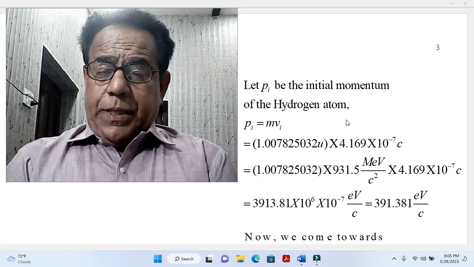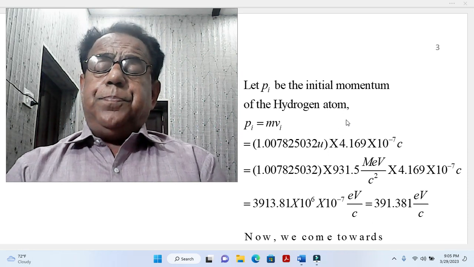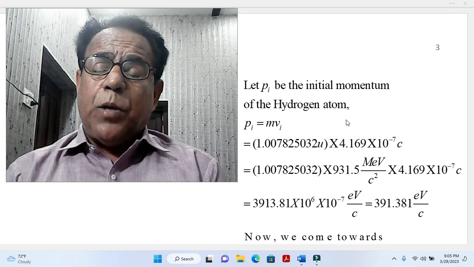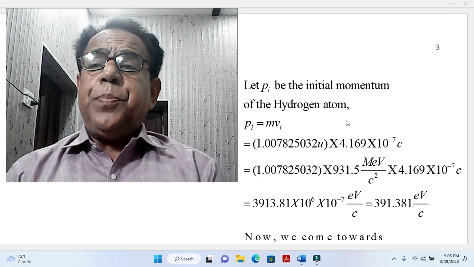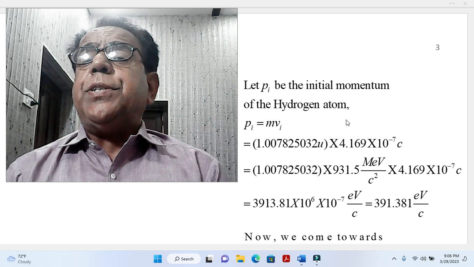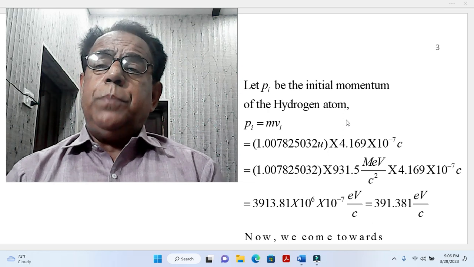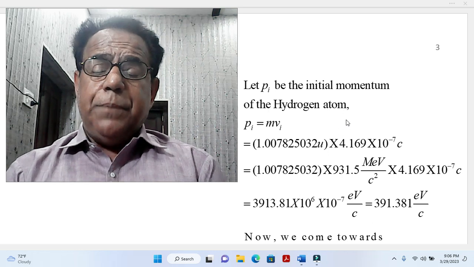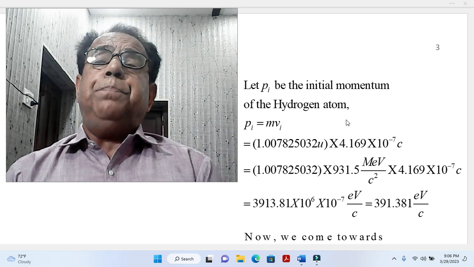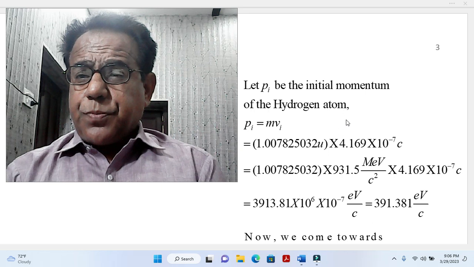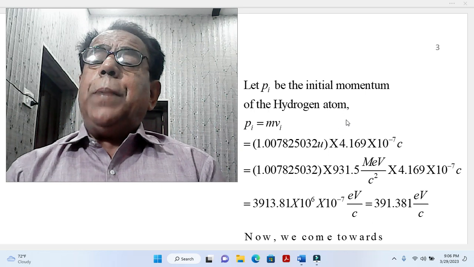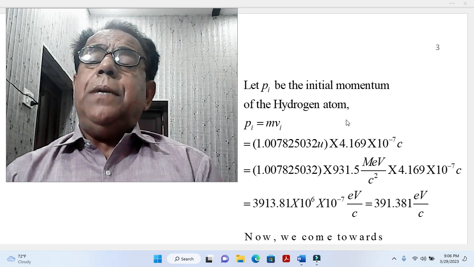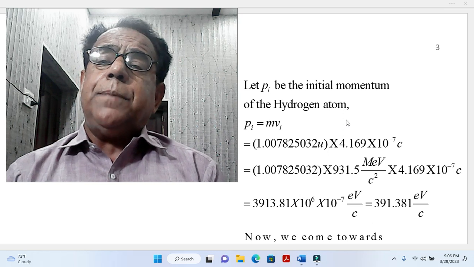Okay, first we talked about initial speed. Now we are talking about initial momentum of the hydrogen atom. We know that momentum is denoted by p, and initial momentum will be denoted by pi, where i is written as a subscript of p.